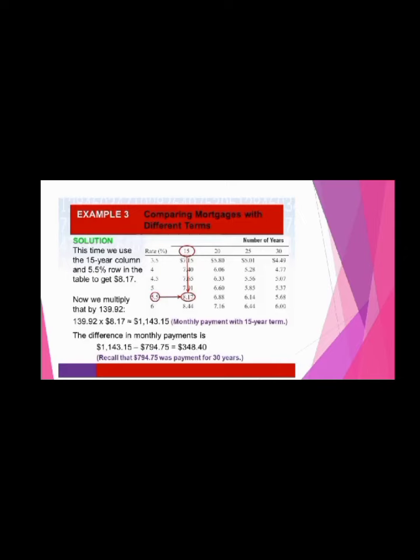So, ato siya i-minus sa 794.75, which is naana siya nato makita sa example number 1, which is ang payment for 30 years. So 1,143.15 minus $794.75 is equals to $348.40.